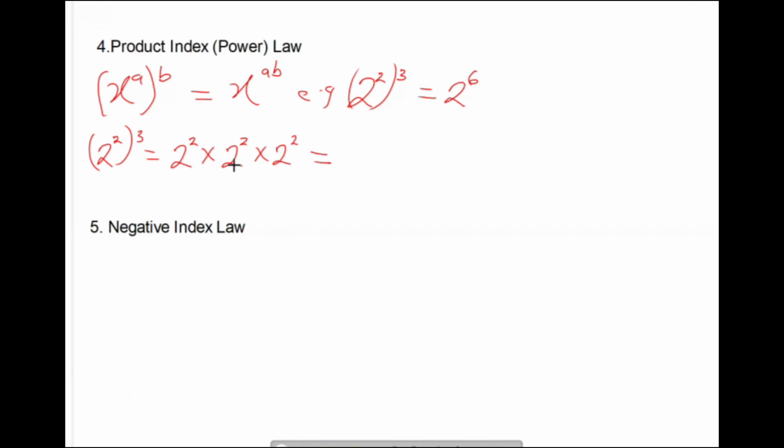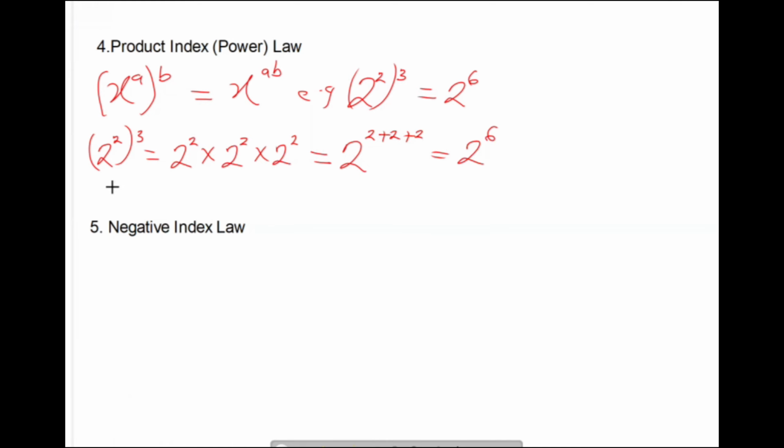The base here is 2, the same here. So I can pick a base and add the power, 2 plus 2 plus 2. And that will give me 2 raised to the power of 6. So this one is easier to get. So when we have a power multiplying itself, we call it product index, or power law. So easiest to just do it this way.